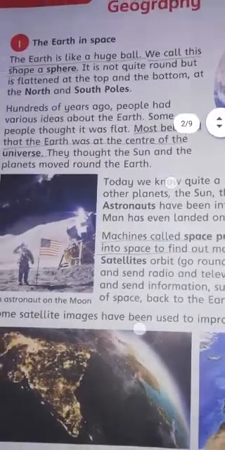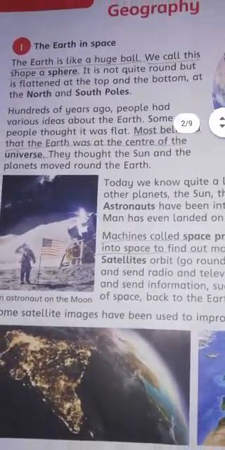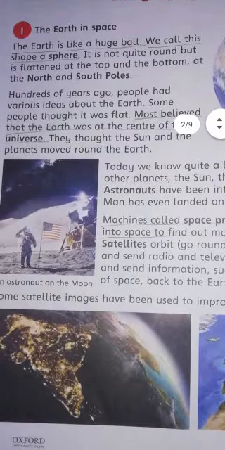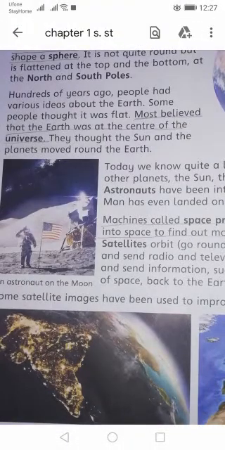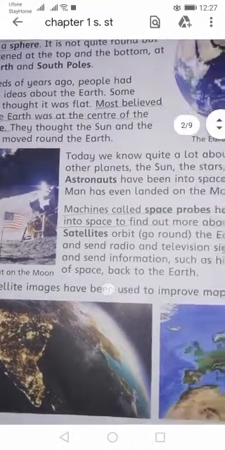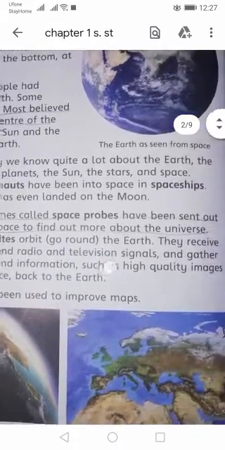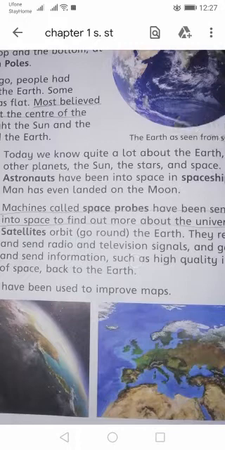But लोगों के different points of view हैं regarding the shape of the Earth. Some people believed that Earth is flat, and most people believed that Earth is at the center of the universe. They thought that the sun and the planets move around the Earth. Today we know a lot about the Earth, the planets, the sun, stars, and space. This information we can get from astronauts.